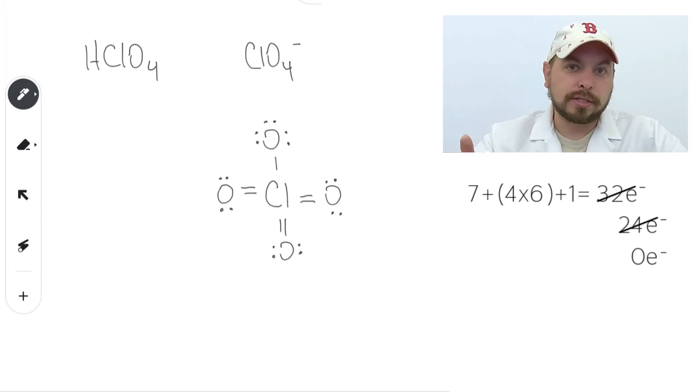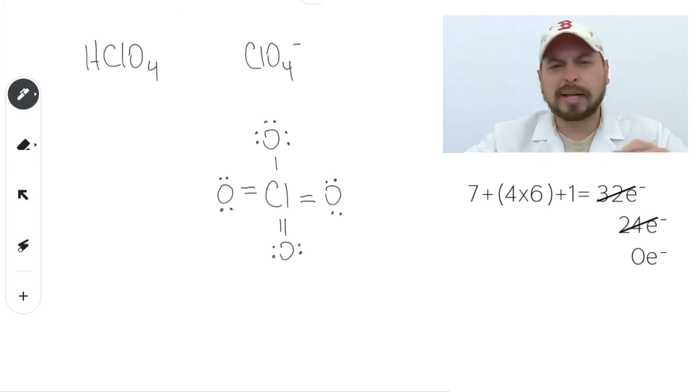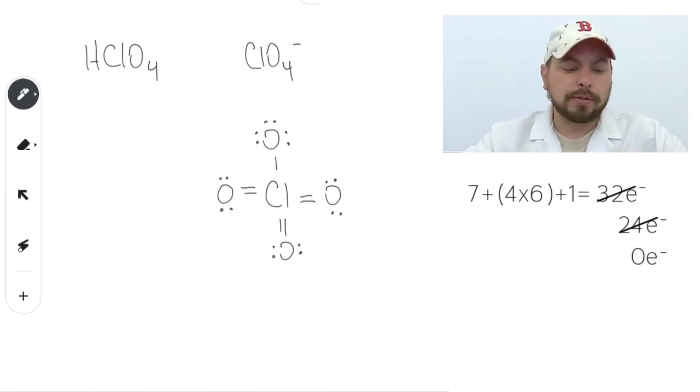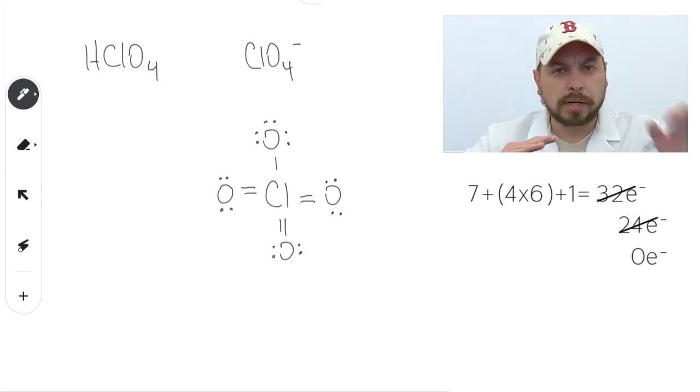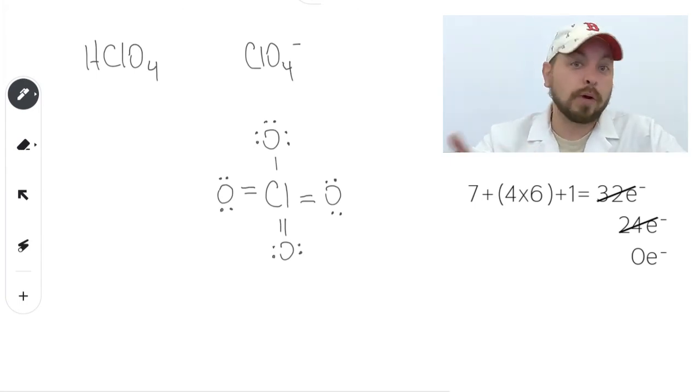And so what you're actually going to see is these 3 double bonds kind of migrating around. If I was to completely do this diagram for just perchlorate, I would end up having multiple different structures, 4 of them specifically, where each oxygen ends up being single bonded once and then double bonded each of the other 3 times.